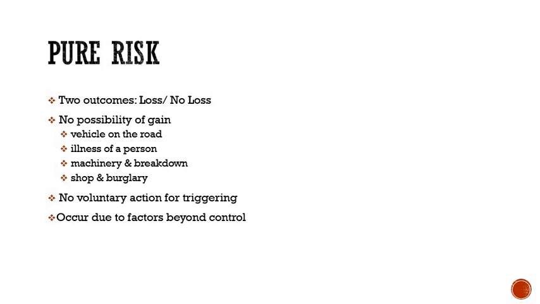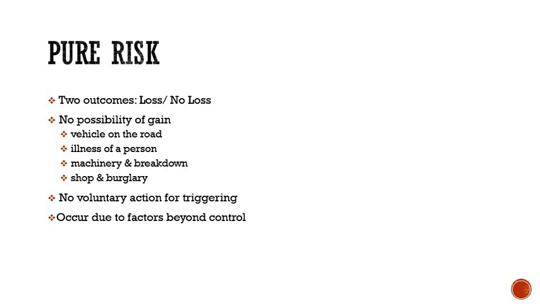So what we see in all these examples, pure risks do not need a voluntary action on the part of the person to be triggered. It is triggered due to factors beyond the control of the person suffering. A machinery may undergo breakdown not due to the person operating it. A vehicle might meet with an accident not because the driver was negligent, but because of some other person.